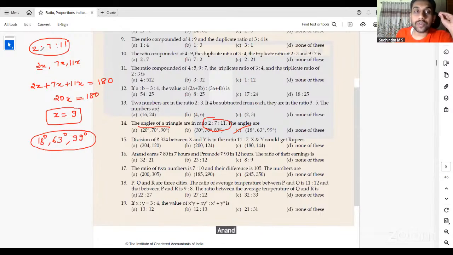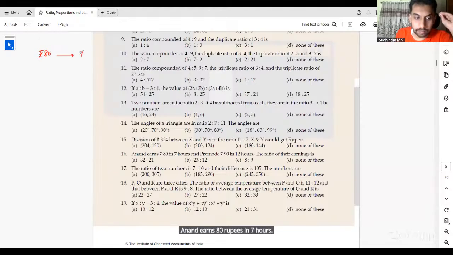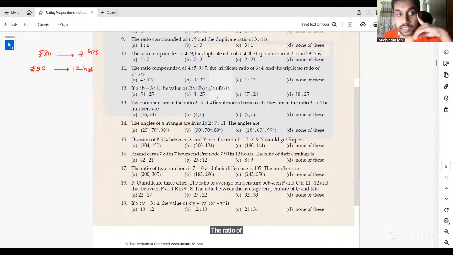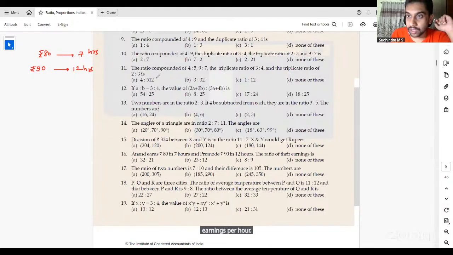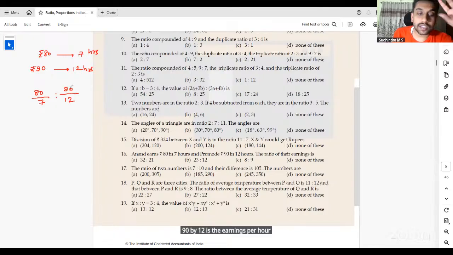Anand earns 80 rupees in 7 hours, and Pramod earns 90 rupees in 12 hours. The ratio of their earnings, here, is actually earnings per hour. So 80 divided by 7 is the earnings per hour of the first person, and 90 by 12 is the earnings per hour of the second person.